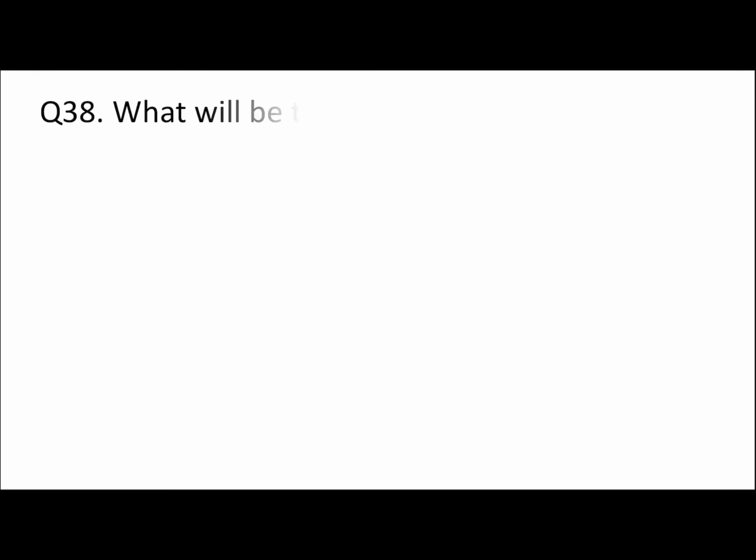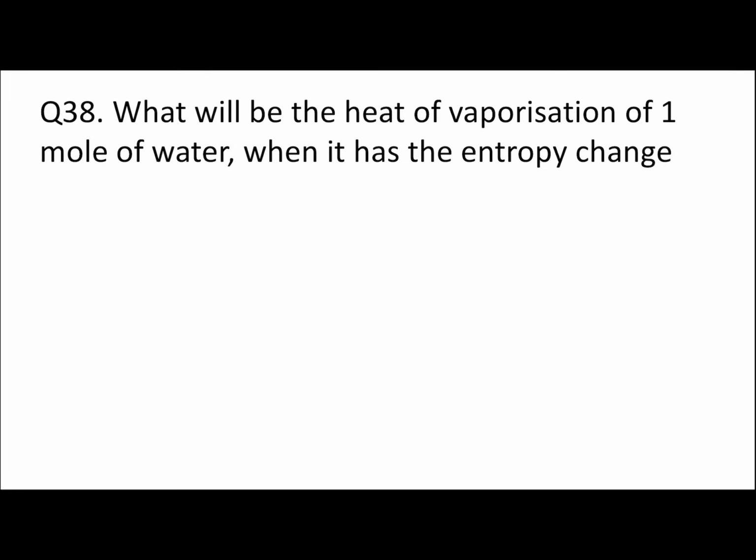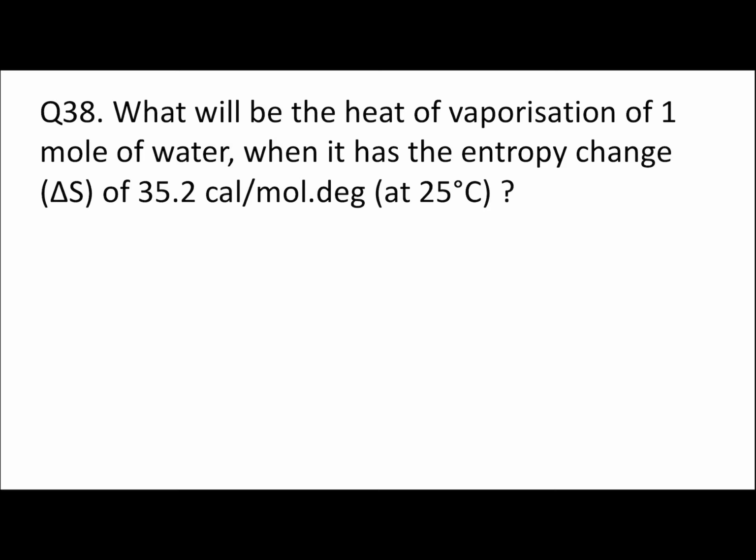solution. Next, 38. What will be the heat of vaporization of 1 mole of water when it has the entropy change, means delta S, of 35.2 calorie per mole per degree at 25 degrees Celsius? If you want to vaporize 1 mole of water, which is at 25 degrees Celsius, then what will be its heat of vaporization?